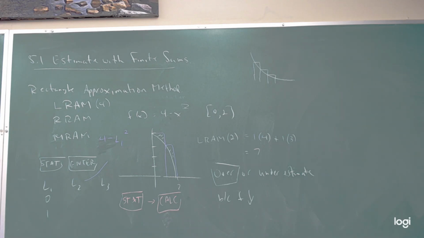Oh, there it is. So go second stat, and then right arrow to ops, operations, and then under math there is a sum. That's what we want.